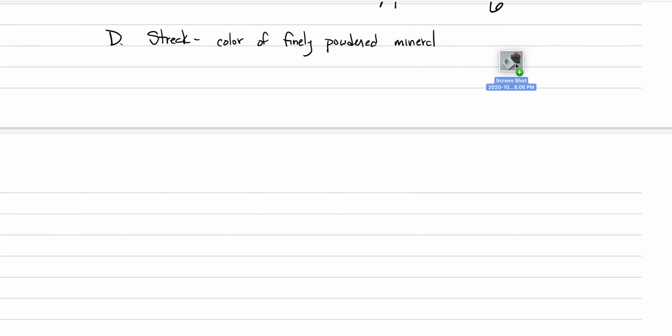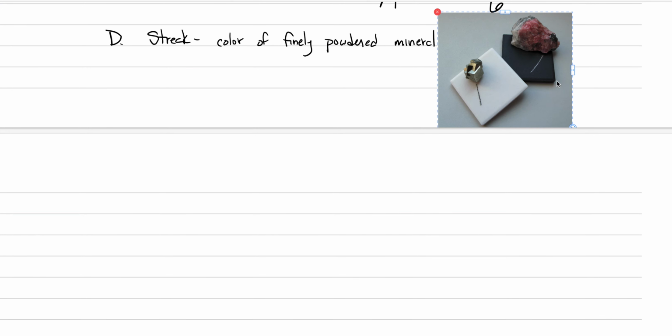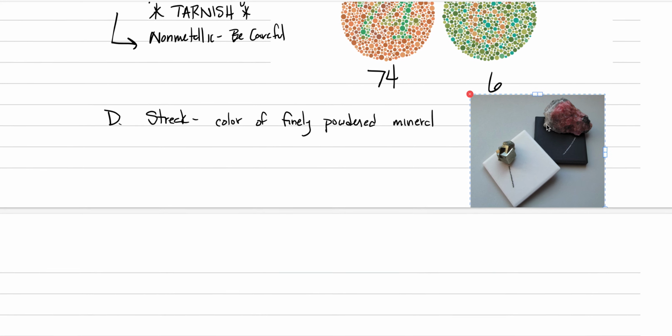All right. Next interaction with light is called streak. And streak is the color of the finely powdered mineral. It is sometimes incredibly useful as a diagnostic tool for identification.